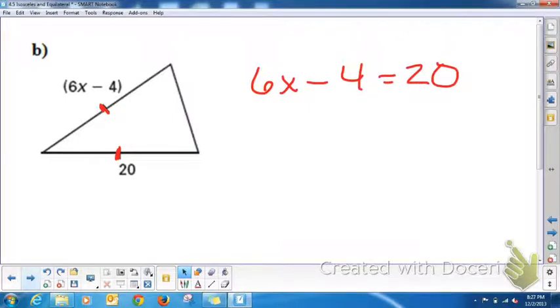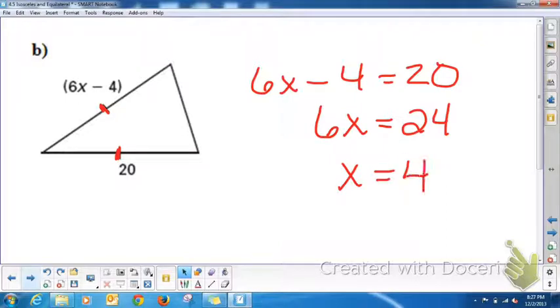So the inverse of minus 4 would be to add 4. So 6x is equal to 24. The inverse of times 6 would be to divide by 6. So x is equal to 4. 6 times 4 is 24, minus 4 is 20. So both of these sides are 20.